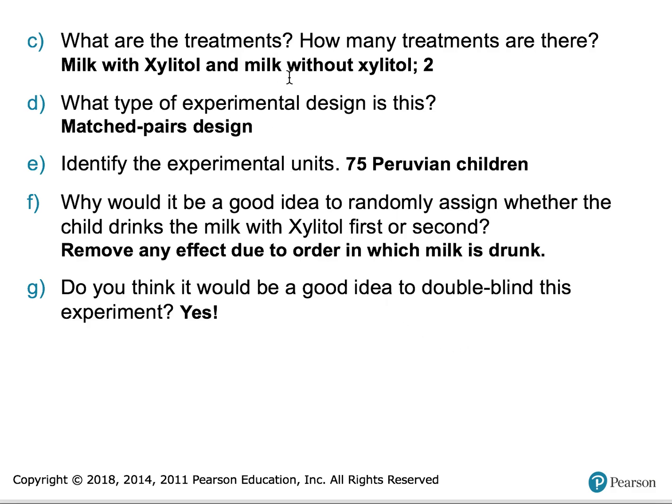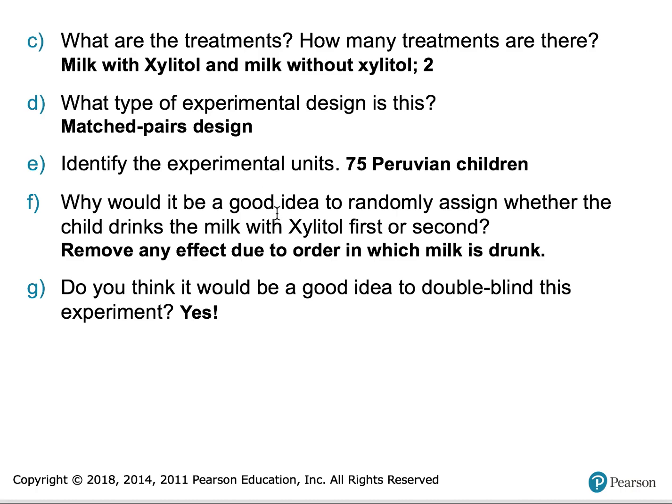What are the treatments? How many treatments are there? Milk with xylitol and milk without xylitol. 2, right? There's always two in a matched pair design. What type of experiment is this? It's a matched pair design. Identify the experimental units, the subjects, right? The 75 Peruvian children.